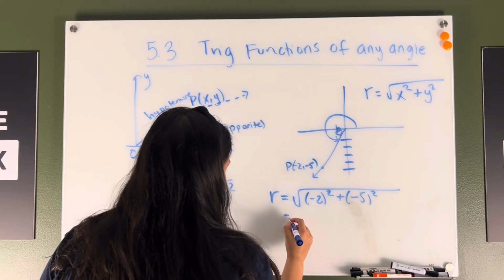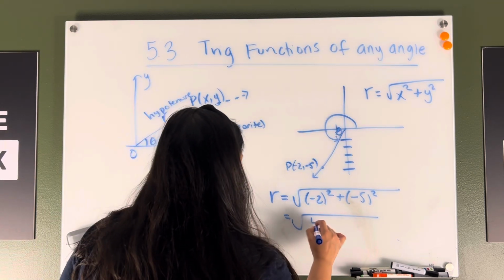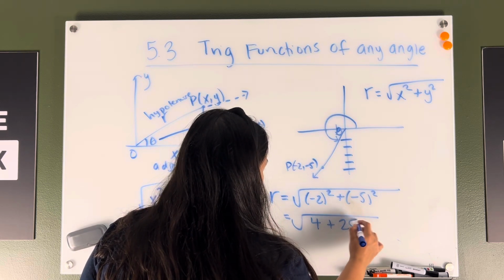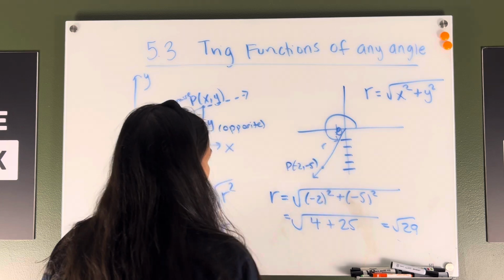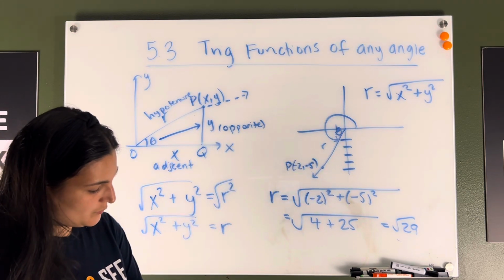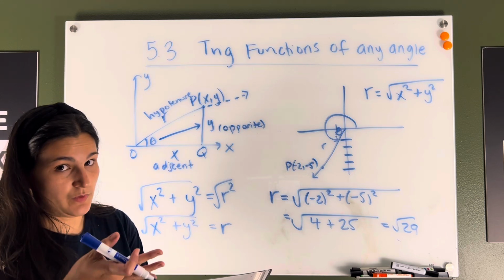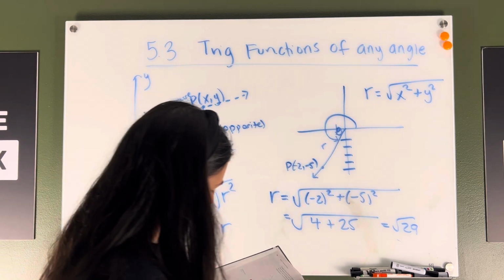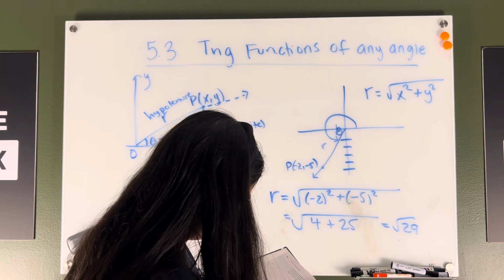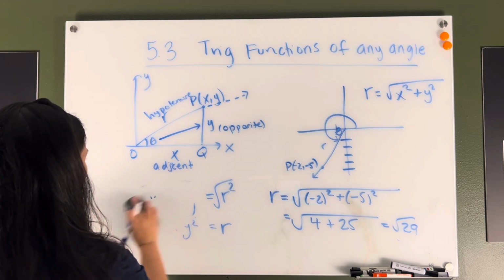And that gives us, (-2) squared is 4, (-5) squared is 25, so it's the square root of 29. So this length r is created using the point on the terminal side of the angle, meaning the last ray, the end of the angle, drawn in standard position. Okay, so now let's find our trig functions.